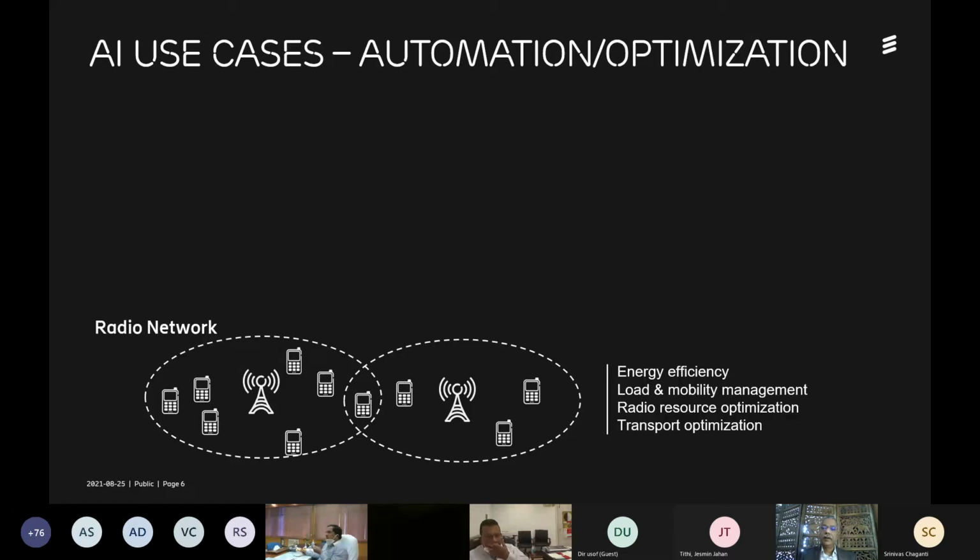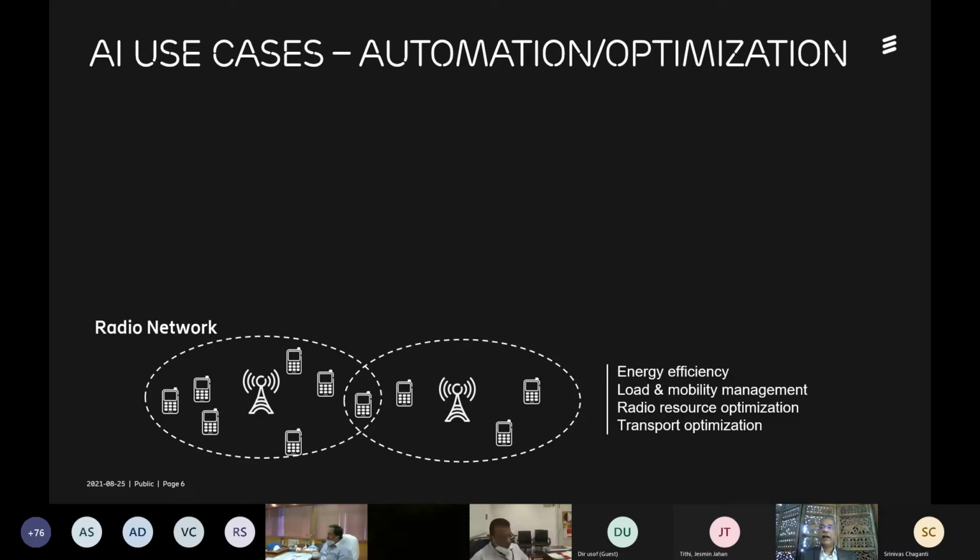That's one part. Managing the load and the mobility across the RAN is a very important consideration. So there are use cases that we have today that address that part. Radio resource optimization, integrated access and backhaul kinds of topologies that one could be considering. Using 4G and 5G together.